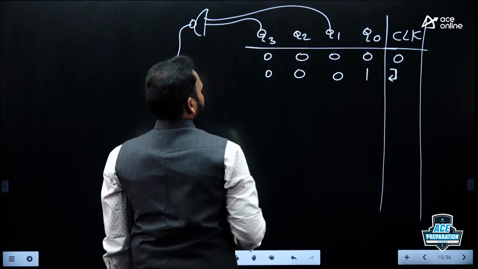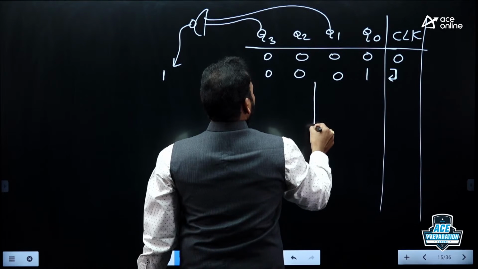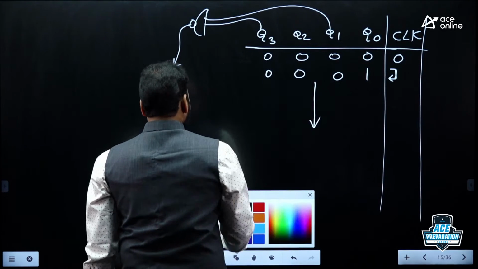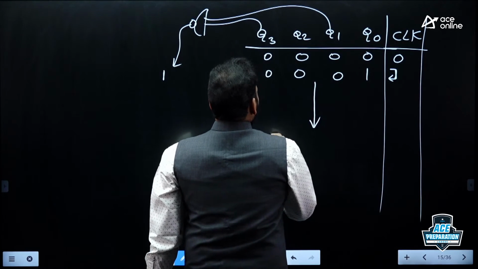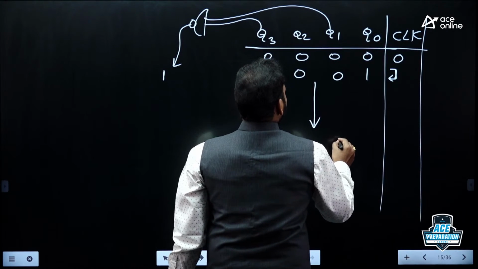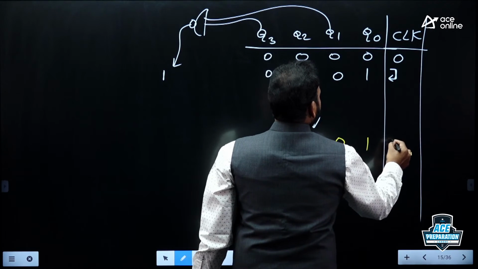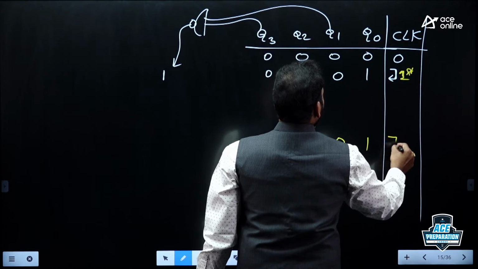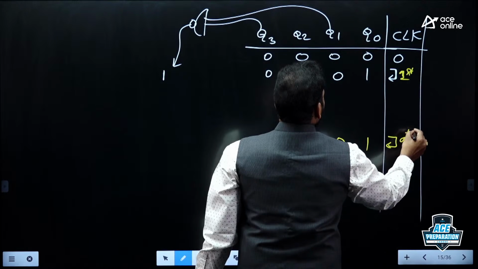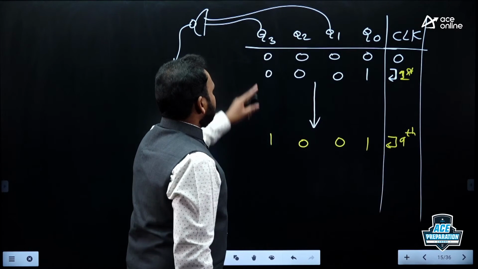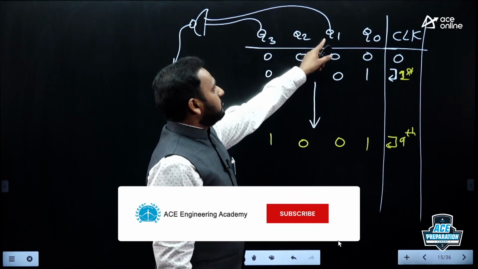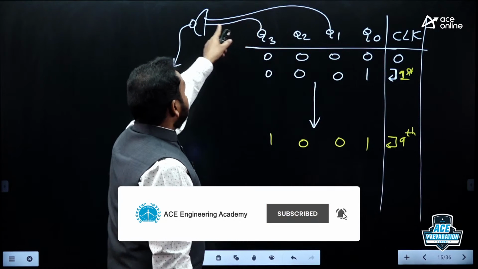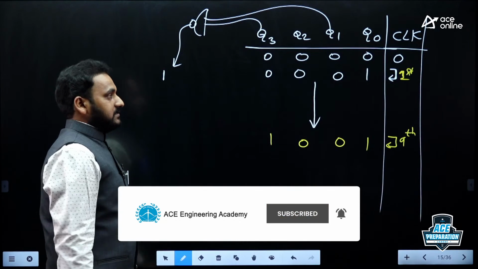Still it is 0. I just keep on giving the clock pulses. If I reach 1, 0, 0, 1, just assume it is the 9th clock pulse. This is 1, this is 0. 0 and anything is 0, 0 bar is 1, no effect.